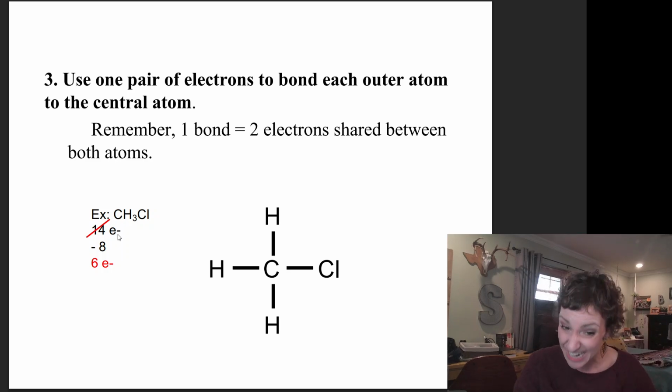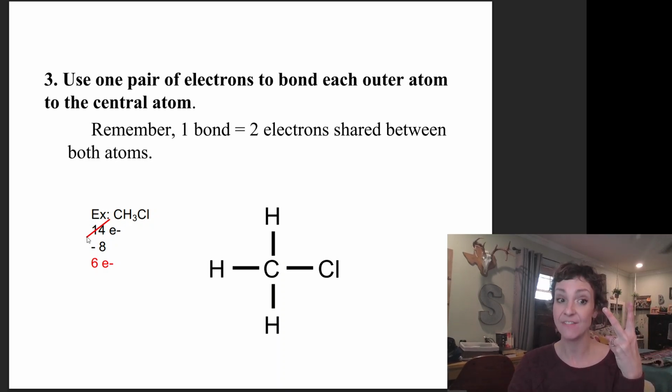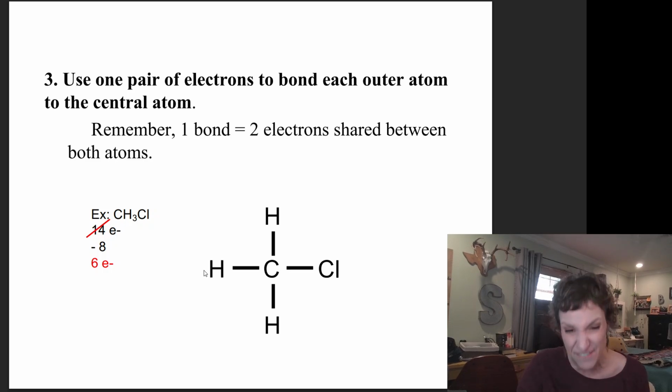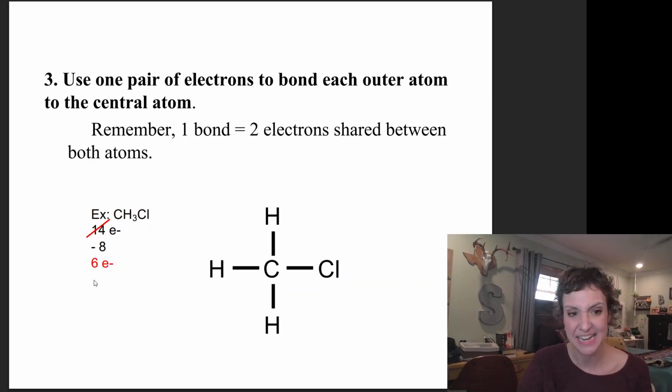So what I have done here is every single bond line I have drawn is 2 electrons that I have got to remove from my electron counter here. So I have used up 1, 2, 3, 4, 5, 6, 7, 8 electrons from my original 14 valence. So I crossed off 14, I wrote -8, and now I have 6 more electrons left to put in here in some way or another.